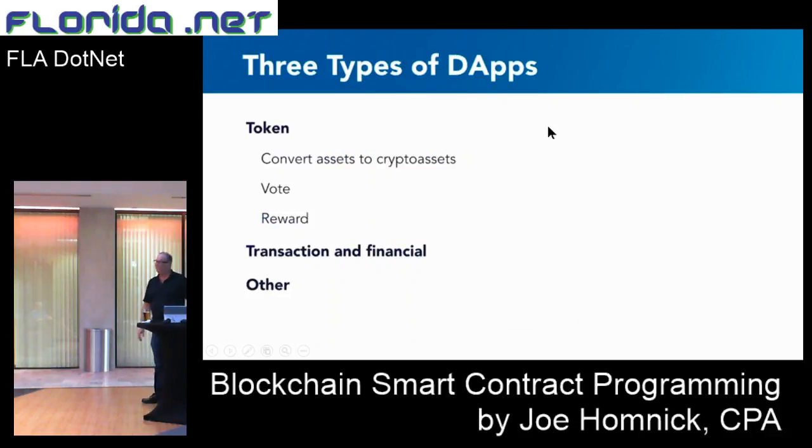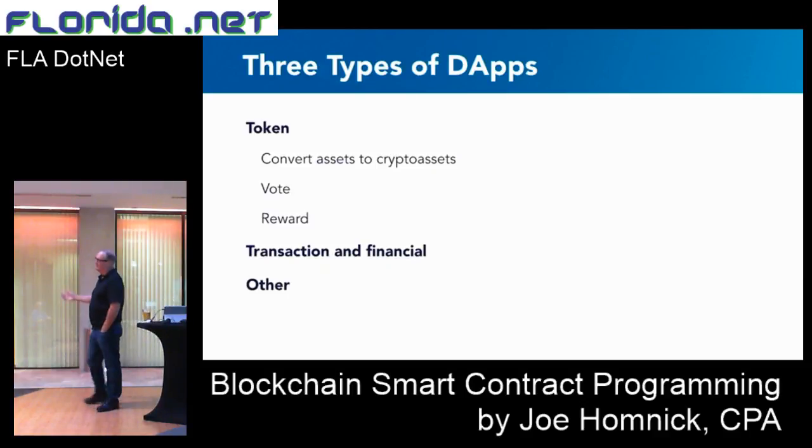And there are actually 3 types of dApps. Convert assets to crypto assets. It's the ultimate. Vote, reward systems. So these are actually defined out there on ethereum.org as different types of apps.